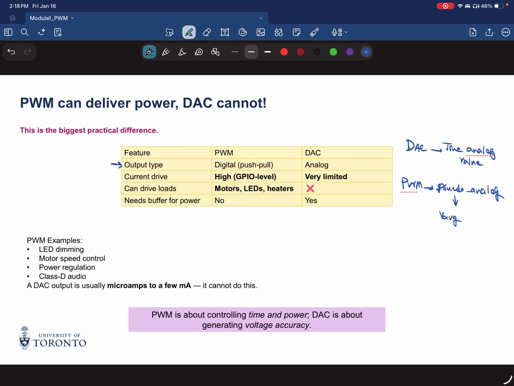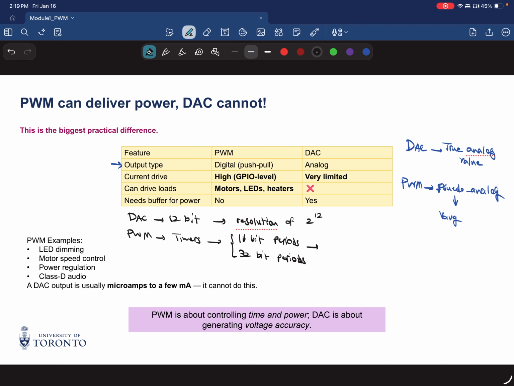The reason is, first of all, in your STM32, the DAC you have is 12 bit, and that gives you a resolution of 2 to the power 12. But PWM, thanks to the timers and the fact that we have some timers with 16-bit or 32-bit periods, can give you at minimum 16 times more resolution.